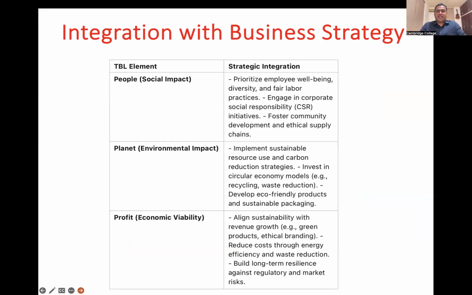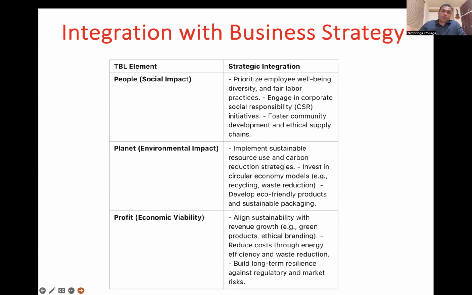So in integrating the triple bottom line with regards to people, that is social impact, you can integrate it with the business strategy by prioritizing employee well-being, diversity, fair labor practices, and you can engage in corporate social responsibility initiatives, foster community development and ethical supply chains.